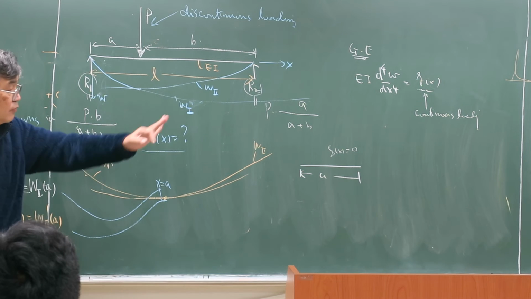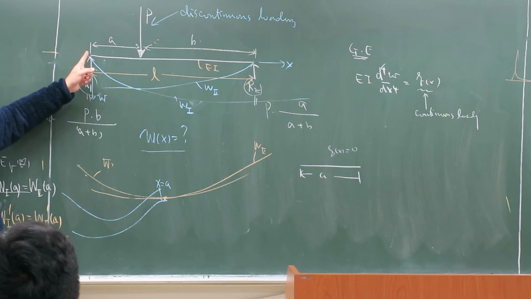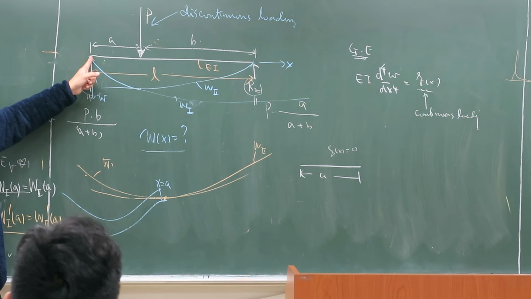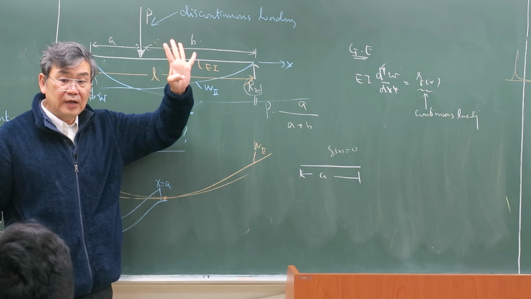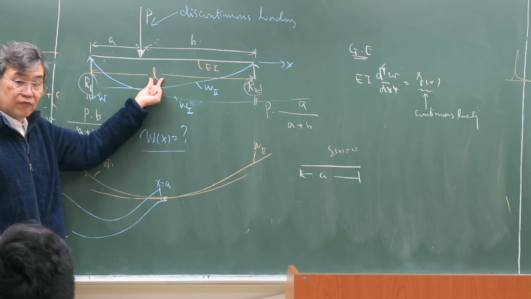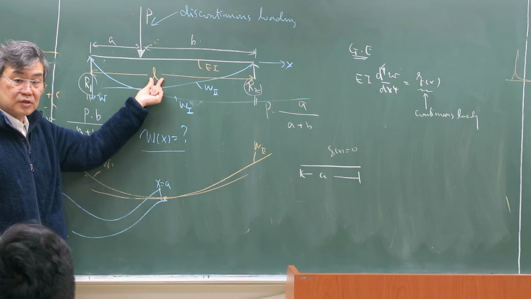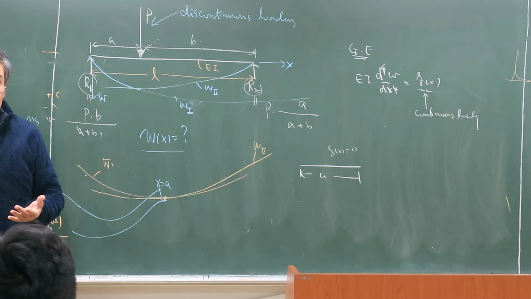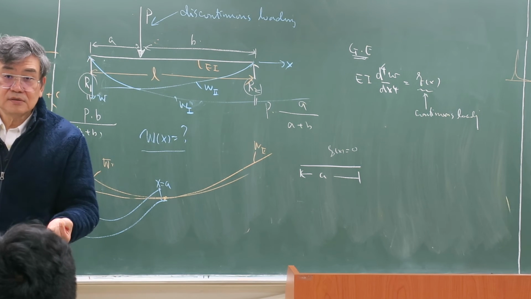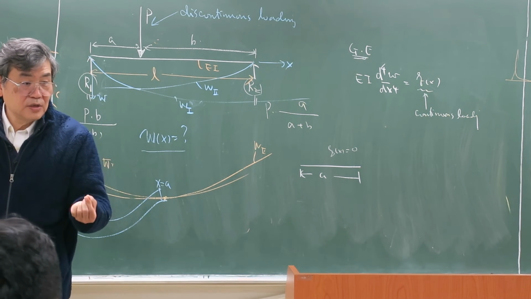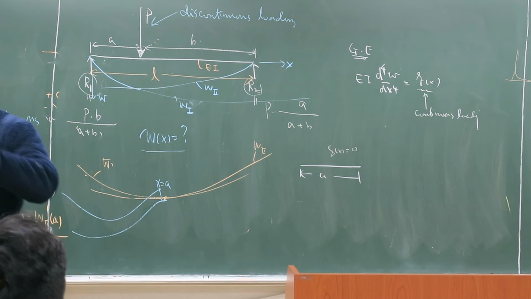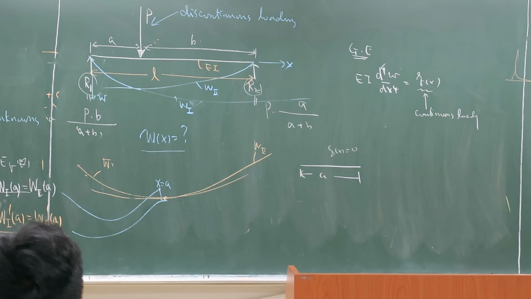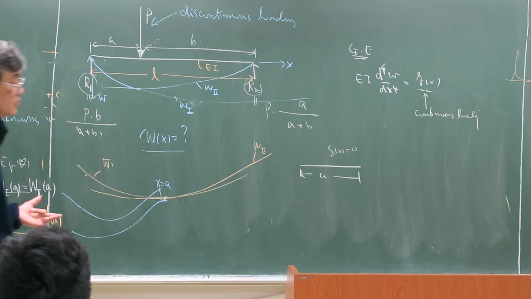What do we have? If you use fourth order, you can use moment 0 and deflection 0 here, moment 0 and deflection 0 there, so 4. We still have another 4 continuity conditions: deflection continuous, slope continuous, shear continuous, moment continuous. So here we just use second order.